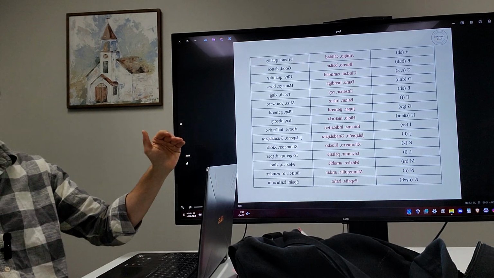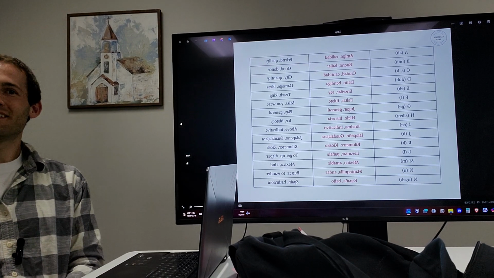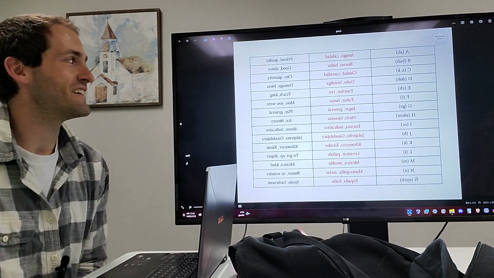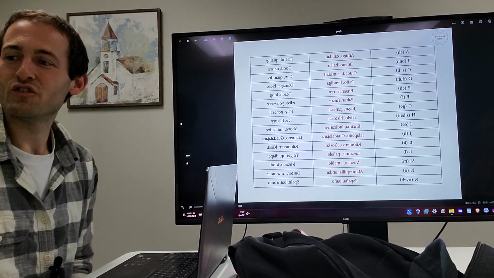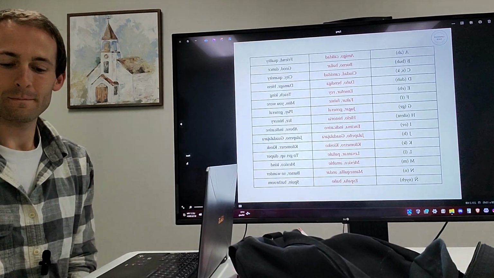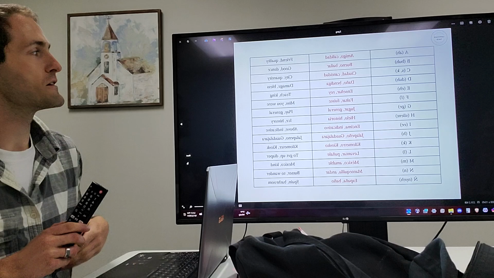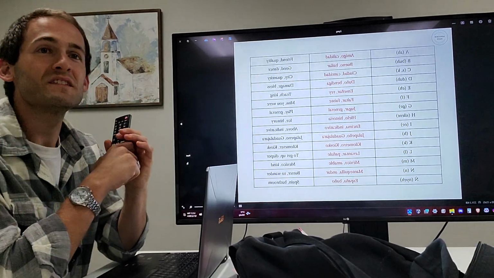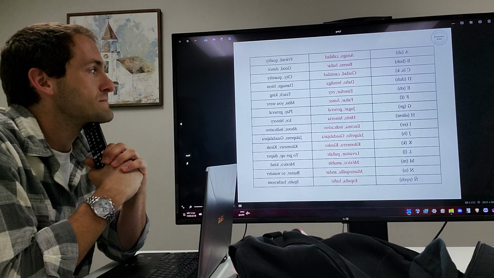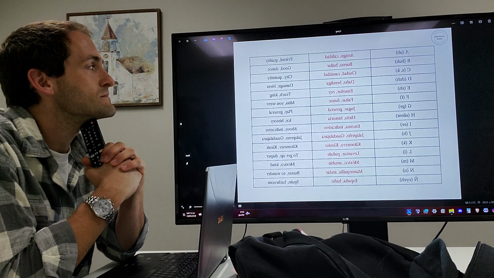The next 4. Anybody want to volunteer? I'll do it. All right. Enseñar, rey, faltar, fuiste. Good. Good catch on that E. Lugar, general.